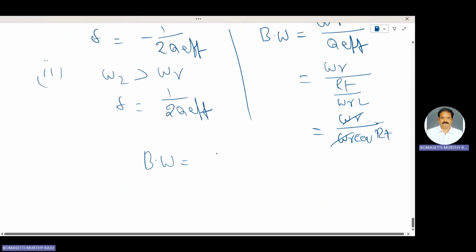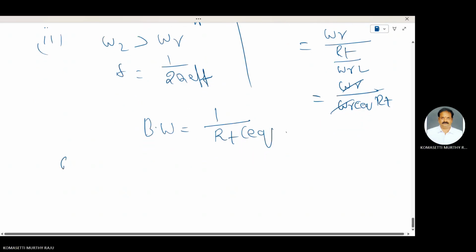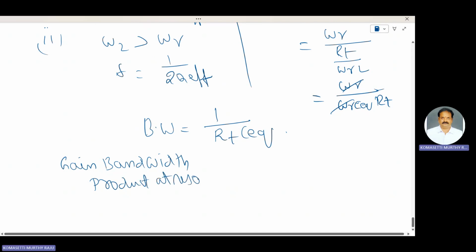Bandwidth is equal to 1 by RT into C equivalent. Gain bandwidth product at resonance is equal to gain at resonance into bandwidth.